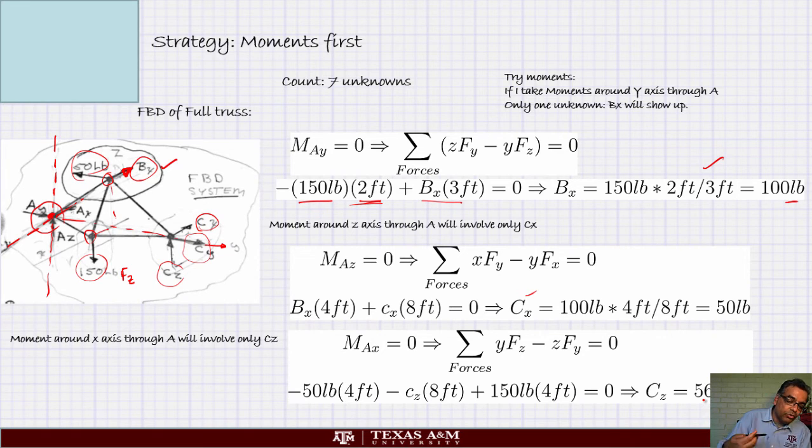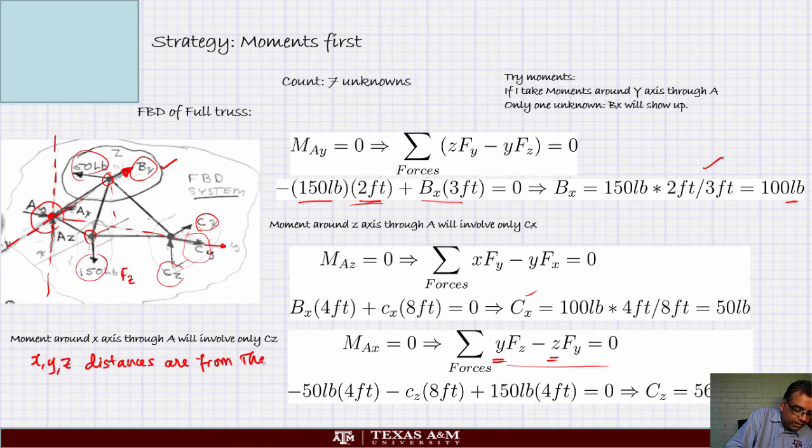So what you need to do to evaluate which things will show up is to be able to look at this formula and figure out which are the things which will matter. Okay, once you know that, it's pretty easy to calculate, and all these x, y, z distances are from the pivot point.